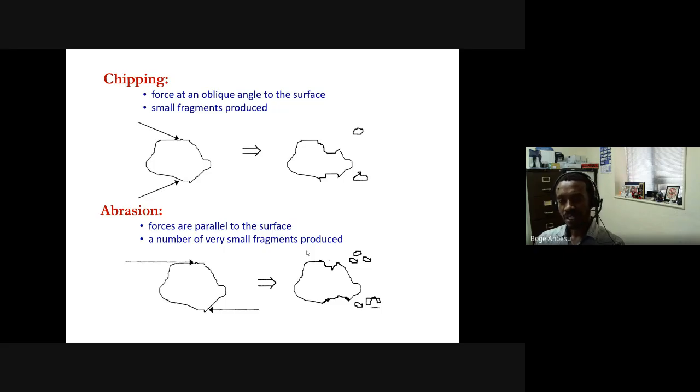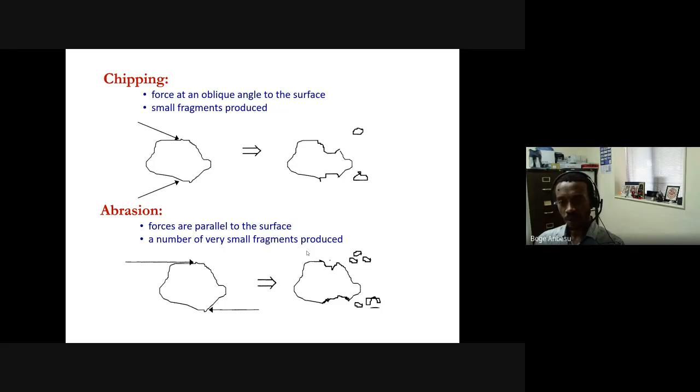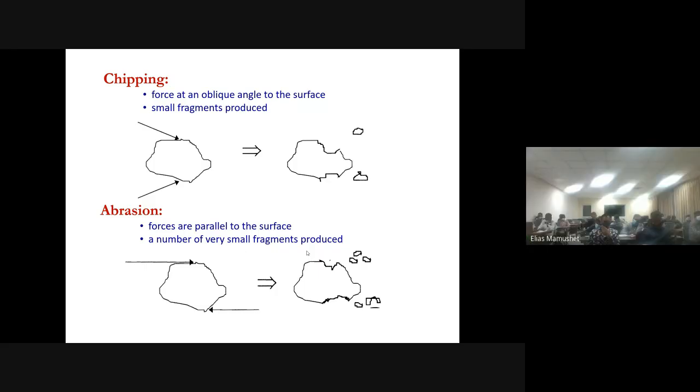So what happens is you rub the rock against the steel balls typically used in this case, and those are parallel to one another. They rub against one another, and therefore you end up producing smaller particles.